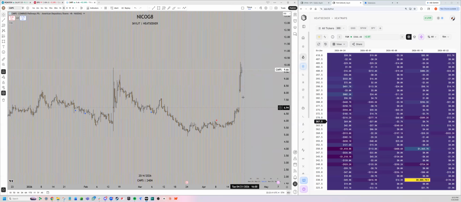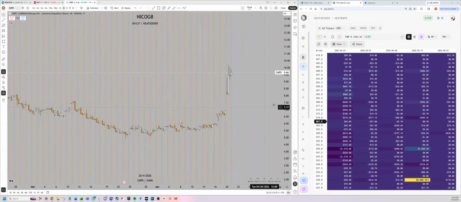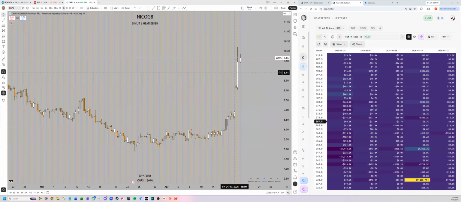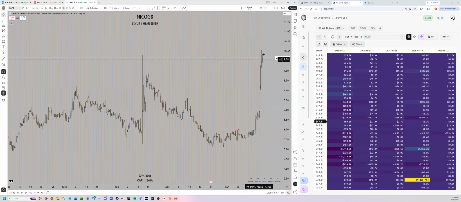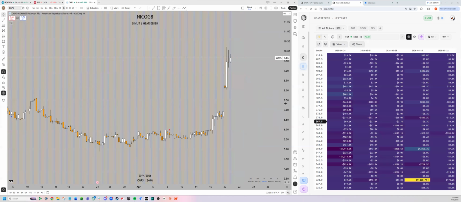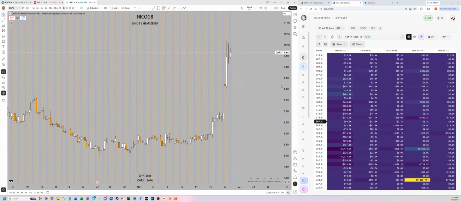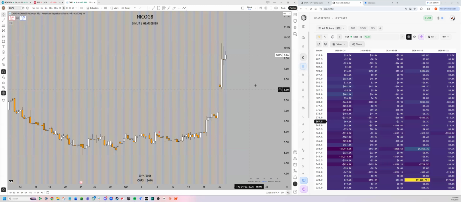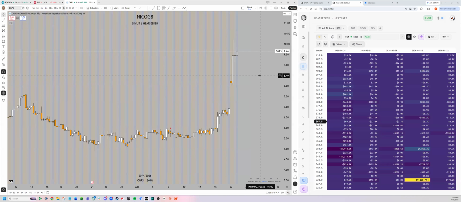After a move like this, even if you are playing continuation, you still want to see some consolidation. Whether we flag or get a small retrace, you're still going to wait for some consolidation before the next leg up. It's been a while since I've traded continuations, but it's hard to catch them right after they just legged up. Generally, you've got to give them a bit of time to settle down and then play the next leg.